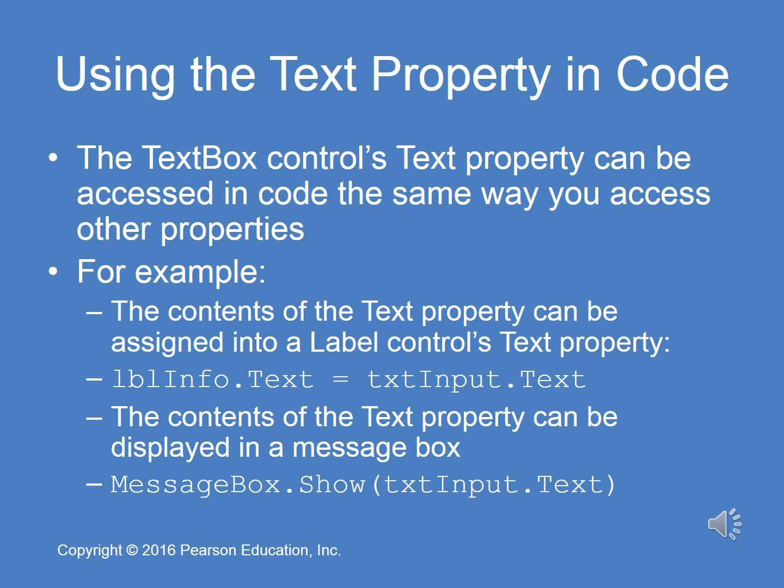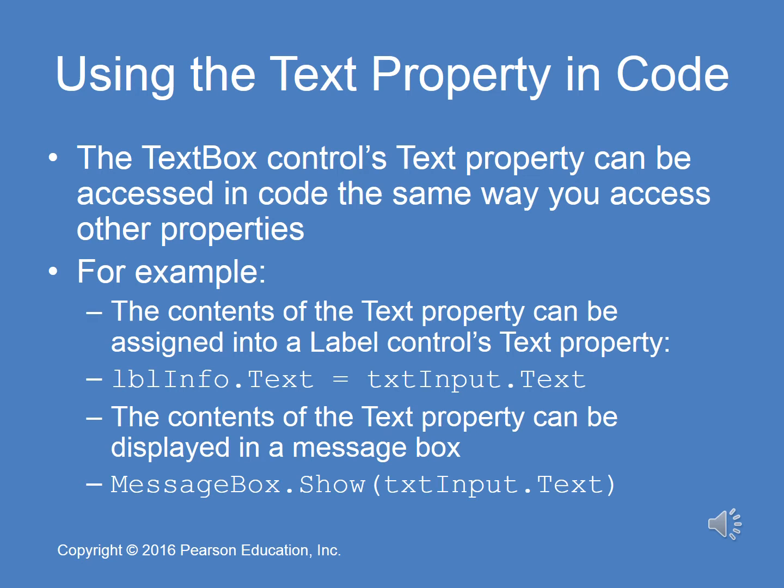As you might have guessed, the text property of the text box control is of great significance. And it can be accessed in code the same way you access any of the other properties. So here are a few examples on this slide.